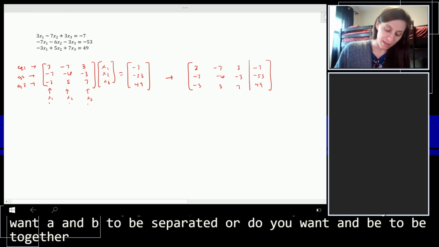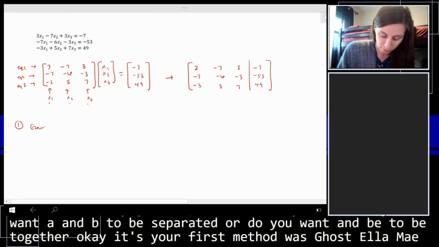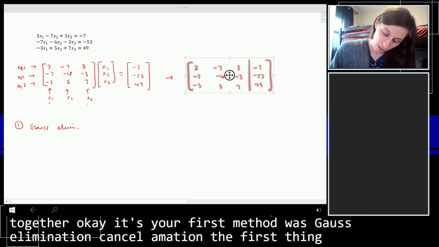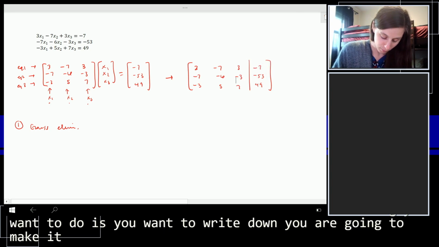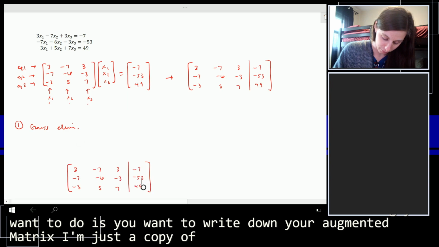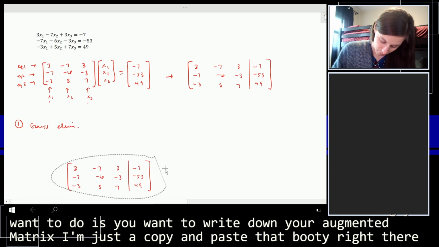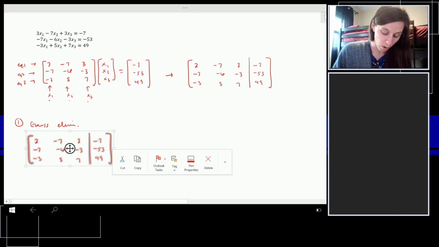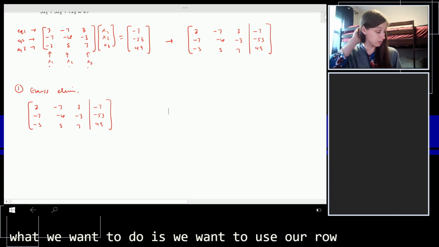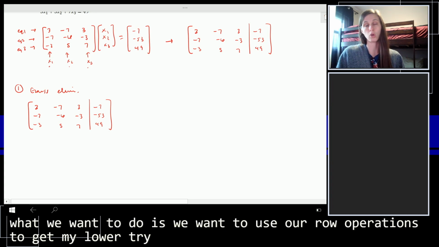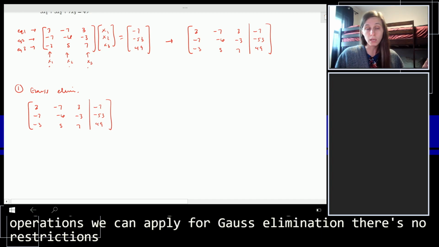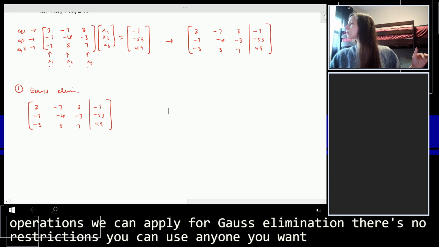Okay, so our first method was Gauss elimination. Gauss elimination, the first thing you want to do is write down your augmented matrix. So I'm just going to copy and paste that beauty right there. And then what we want to do is use our row operations to get my lower triangle of zeros. So we've got 3 row operations we can apply. For Gauss elimination, there's no restrictions. You can use any one you want, in any order.